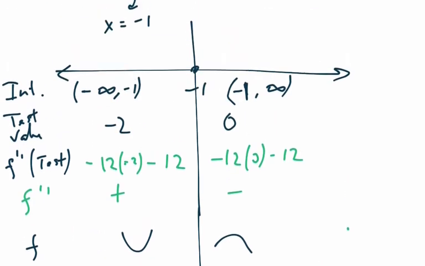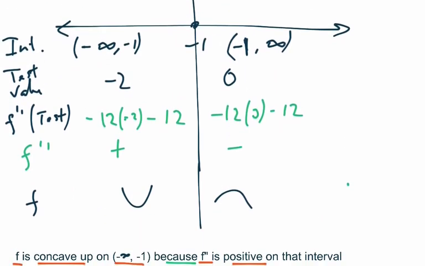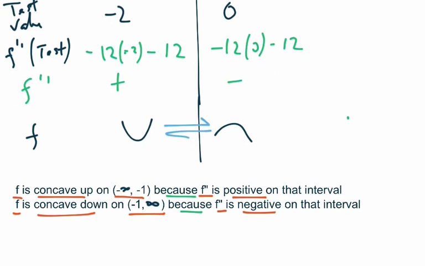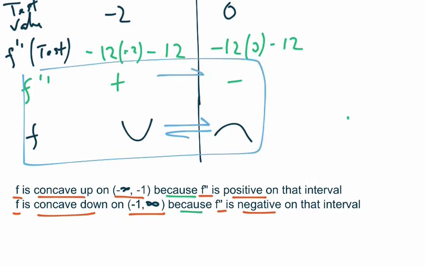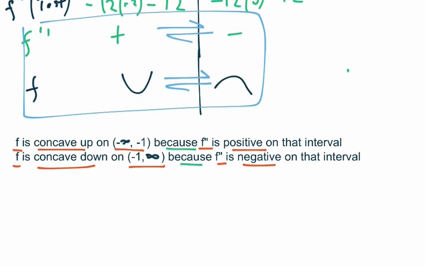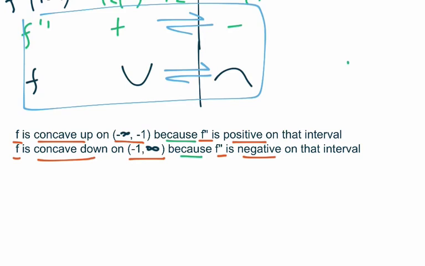The last thing we're going to talk about here is the points of inflection. Inflection points happen when f changes from concave up to concave down or vice versa, which means that on f double prime, it changes from positive to negative or vice versa. So our sentence here will be very similar.